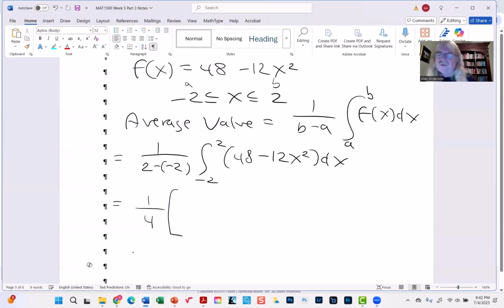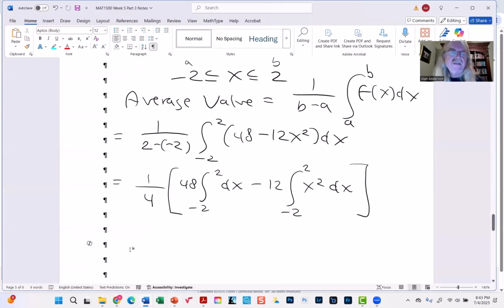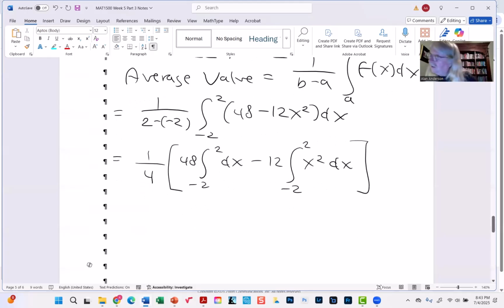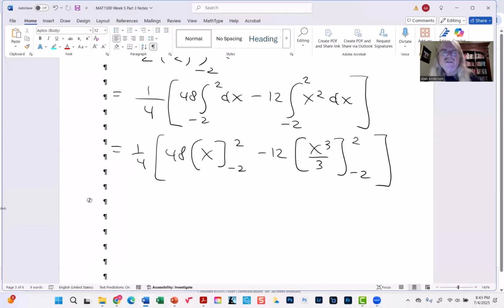All right, so now that we've set it up correctly, the rest is pretty straightforward. We can break this up into 2 separate integrals. I've already factored out the constants, as you can see. And of course we use the power rule for both of those integrals. So here's what we'll get.